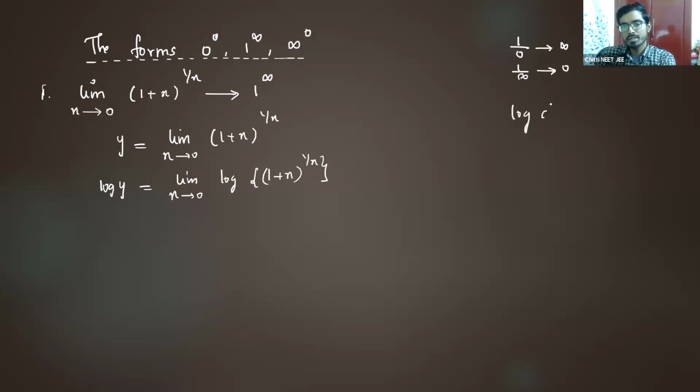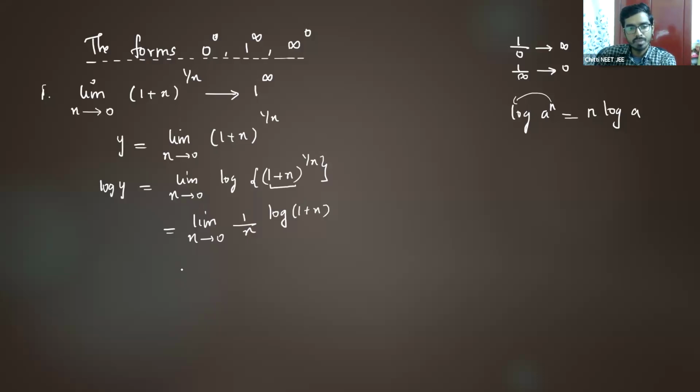Now by property of logarithms, log a power n is the same as n times log a. I can bring this power to the front, so I can write this as limit x tending to 0, 1 by x times log (1 plus x). This step is clear. Log a power n is n log a.